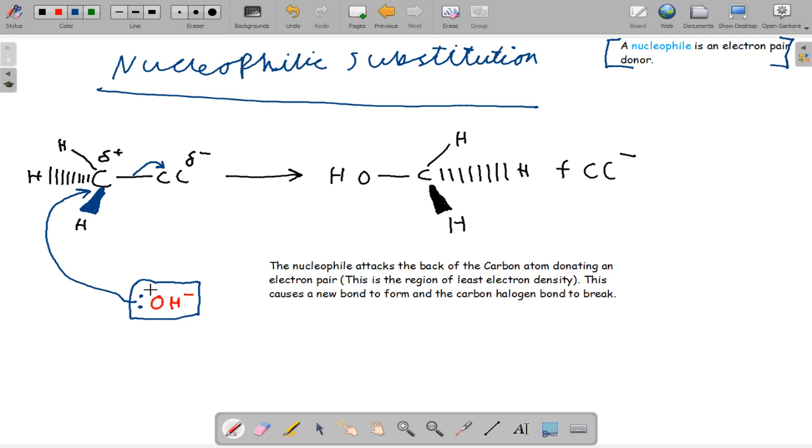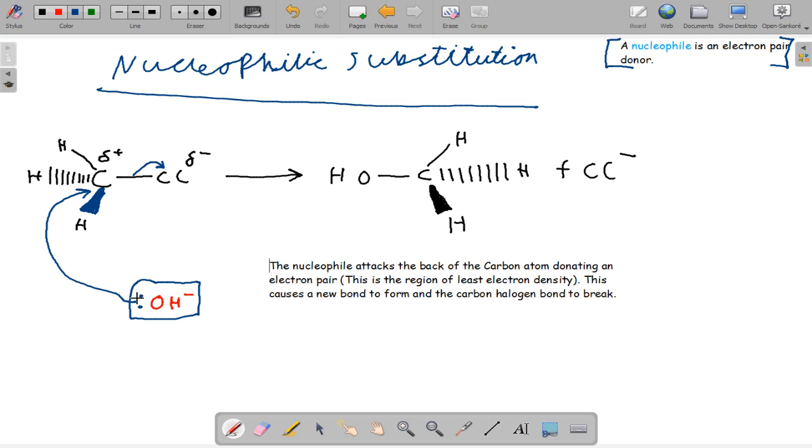Now, a nucleophile can take on many forms, but basically any species that has a lone pair in its electron arrangement is generally considered to be a nucleophile, like ammonia or oxygen. Oxygen just on its own can be a nucleophile, but OH- and NH3 are the two most common ones.